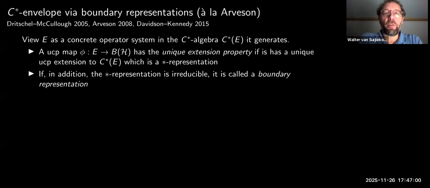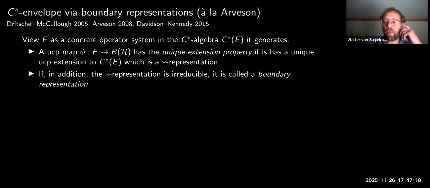So it has a unique UCP extension, which is then a star representation. And that's the unique extension property. And then if that star representation is irreducible, it is a so-called boundary representation.